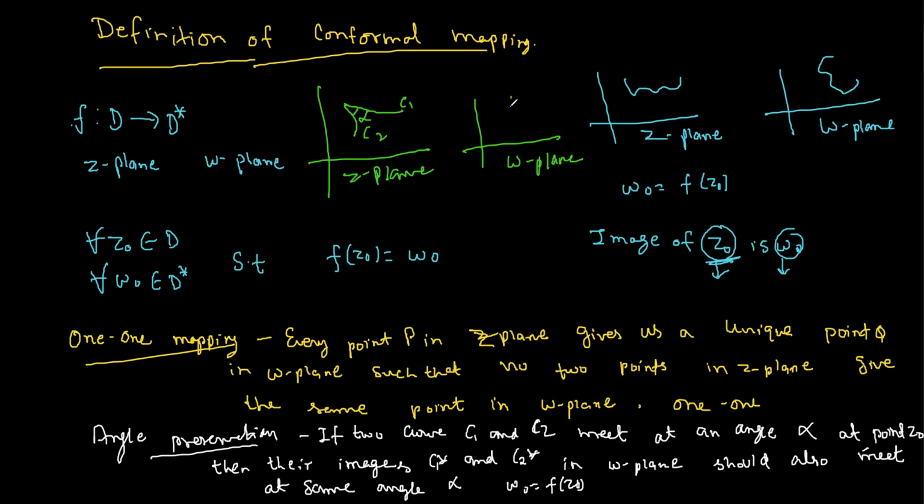Then their corresponding images C1 star and C2 star are the images of C1 and C2, and the angle between these two curves is also alpha. Then you can say the angle is preserved. If the angle is preserved and the function is 1-1, then this is a conformal mapping.